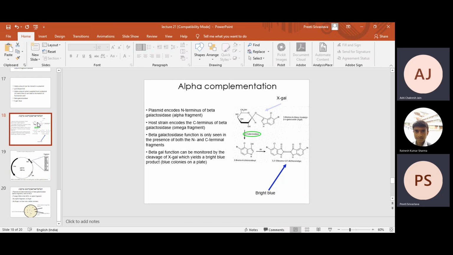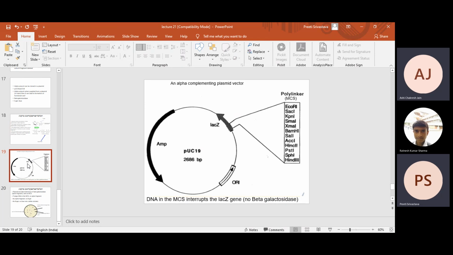In order to fix this, we use a plasmid that encodes this terminal and helps retain the color. After using the plasmid, you would get back the blue or indigo color that would happen in the original case when lacZ is functional.